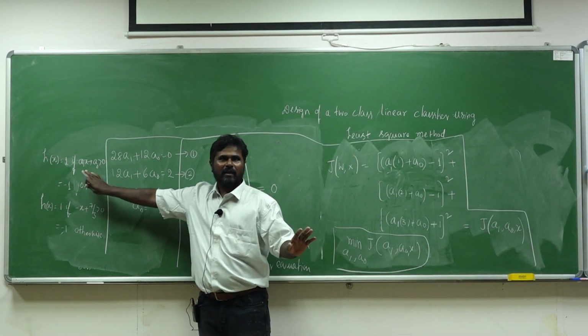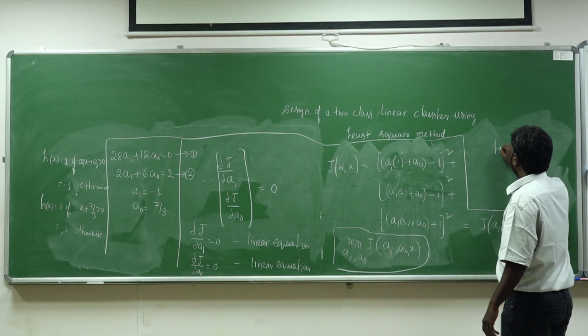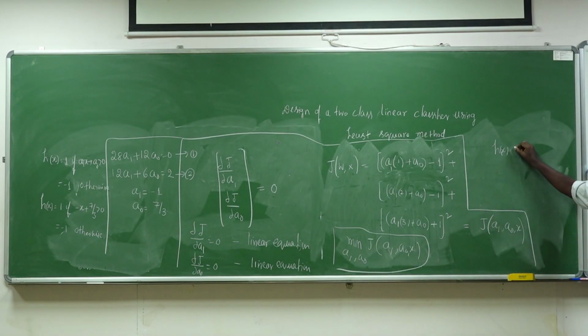Then you can define h of x as equivalent to 1 if x is less than 7 by 3, right?